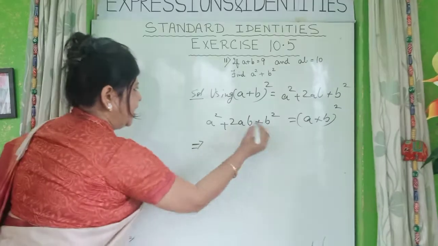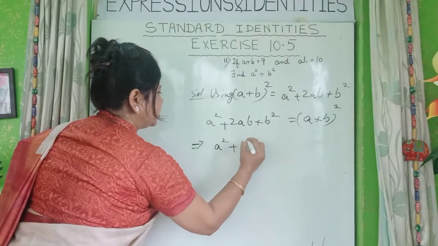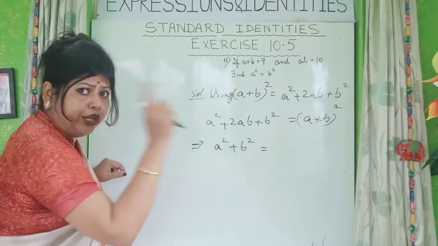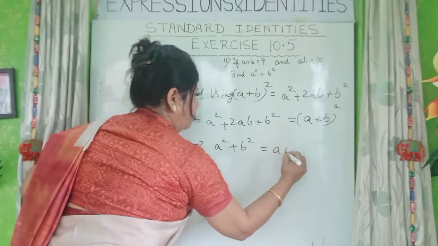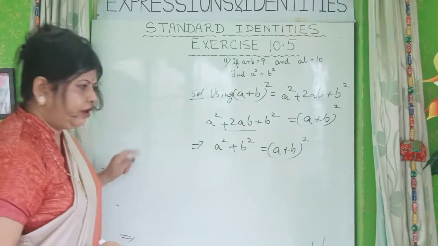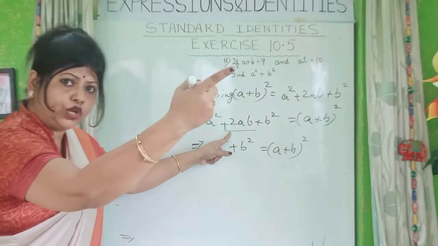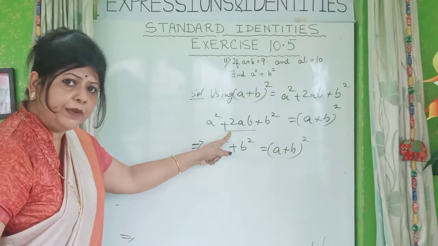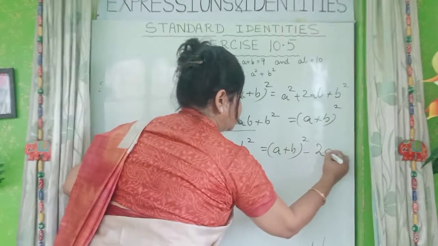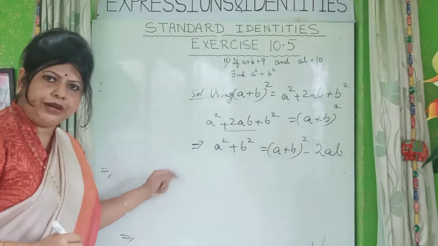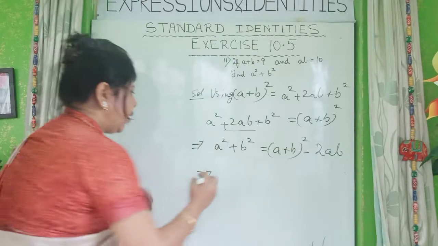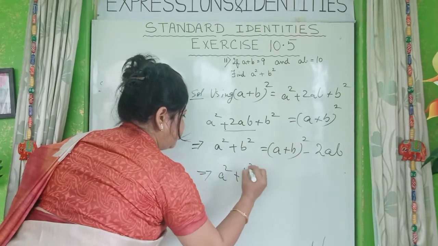That equals to what I have to find? a square plus b square equals to whatever is there on the right hand side, you write that first. a plus b whole square, and this plus 2ab, I will take to that side. So what it will become? It will change to the opposite operation. So this becomes minus 2ab. Clear children? Minus 2ab.